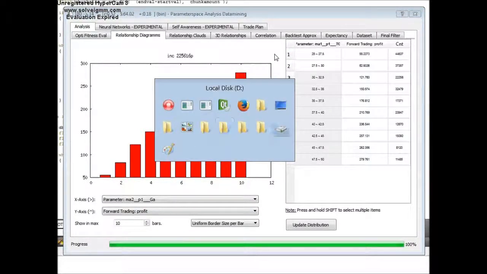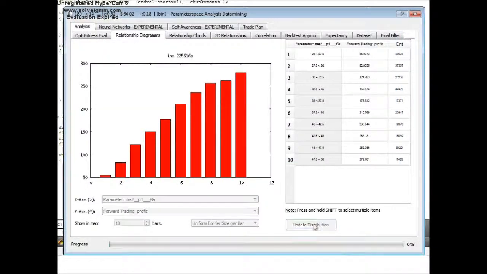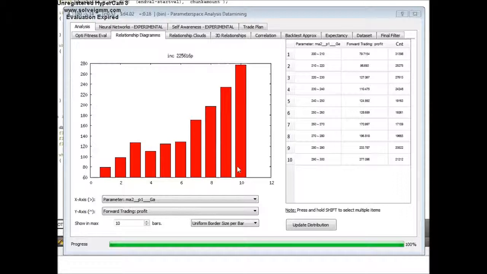Well, it's this one, the slow one. Again just a click and we know what's best. The higher the better, again in this case.